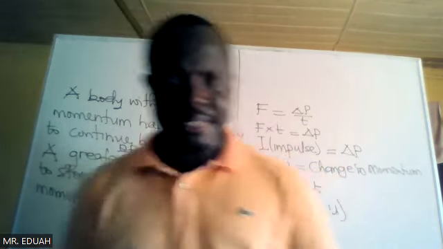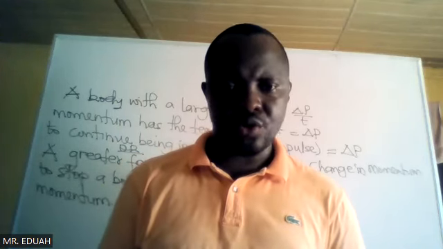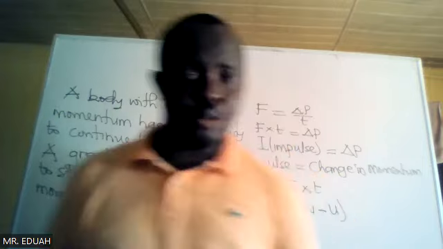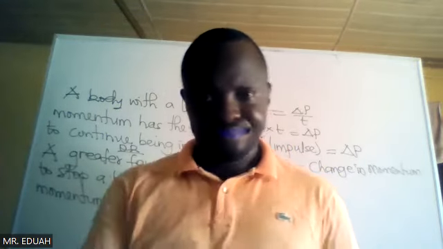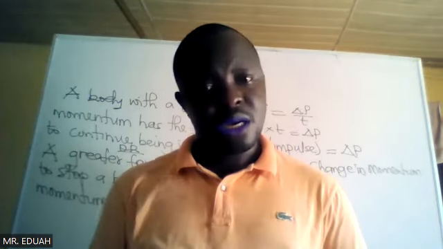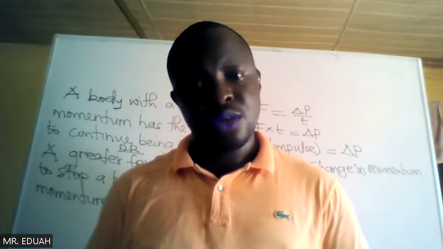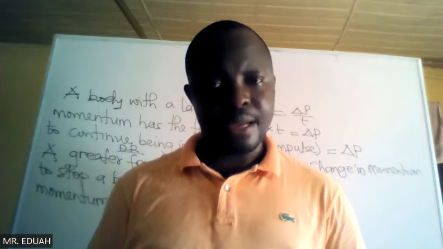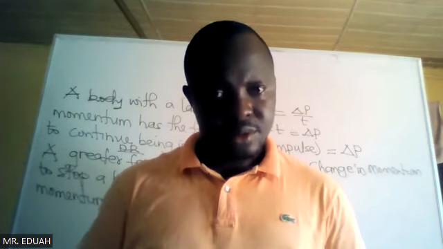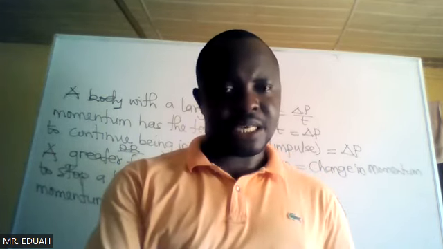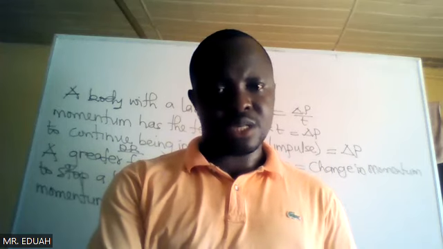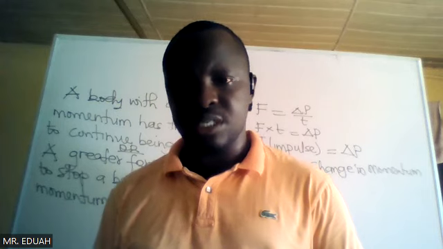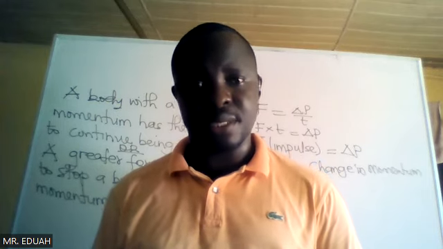A 100 kilogram mass with a velocity of 30 kilometer per hour. Okay, so 5 seconds, just give it a try. A 4 kilogram mass with a velocity 0.5 meter per second.